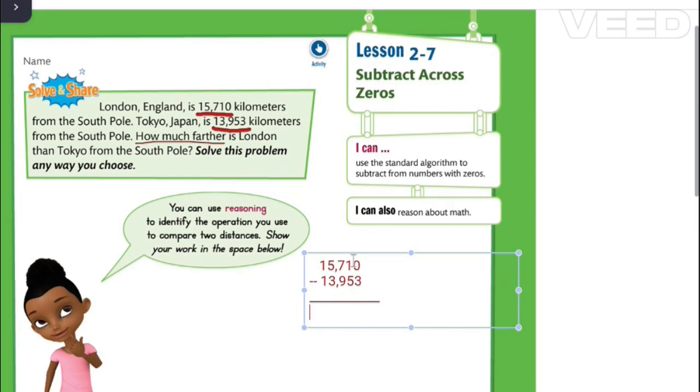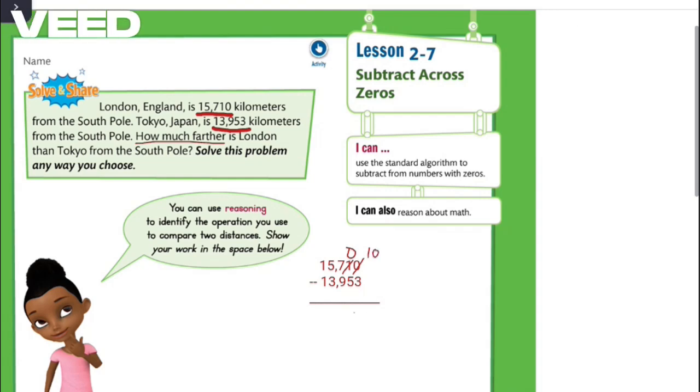All right, so let's go ahead and solve this. Since we cannot do 0 minus 3, we need to regroup from our next place value. The 1 becomes a 0, and the 0 here gets 10 added to it. It becomes a 10. Now we have 10 minus 3, which we can do.